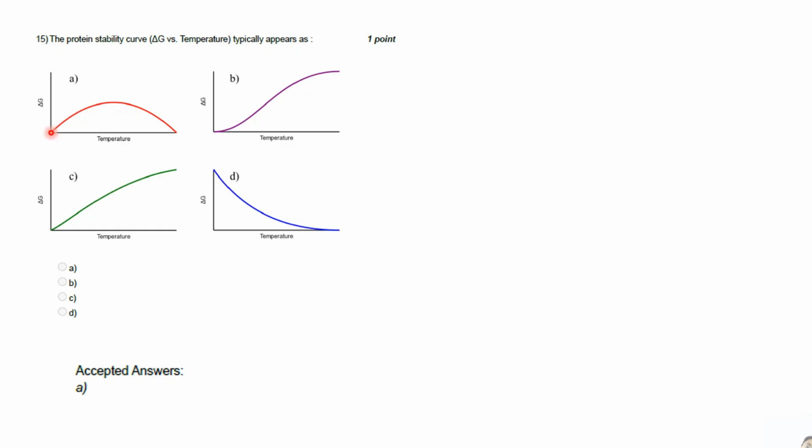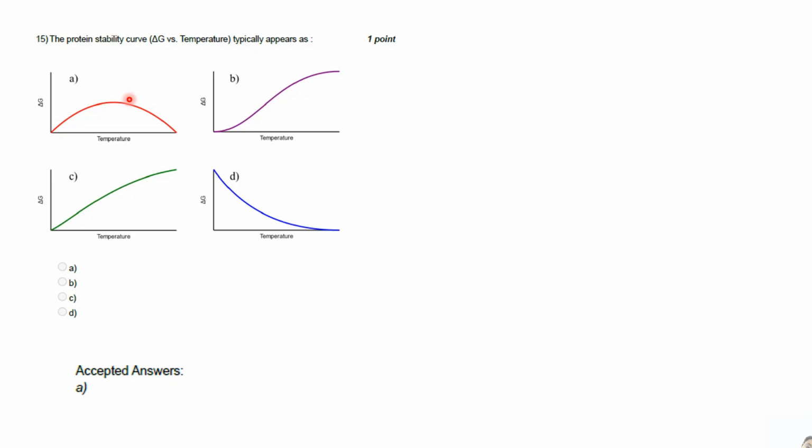Delta G is 0 at the points where the curve crosses the x-axis. The protein is half unfolded. These are the cold denaturation temperature and the heat denaturation or melting temperature. At peak stability, the top of the curve shows the temperature at which the protein has maximum stability, delta G max.